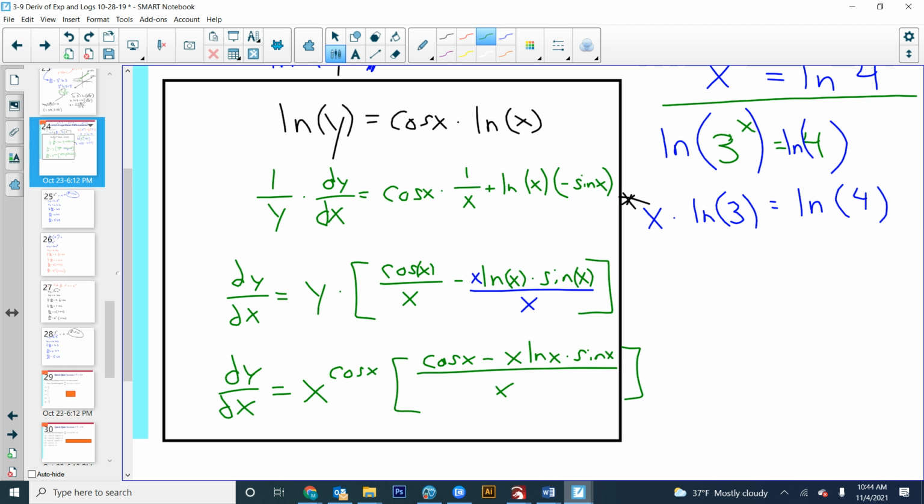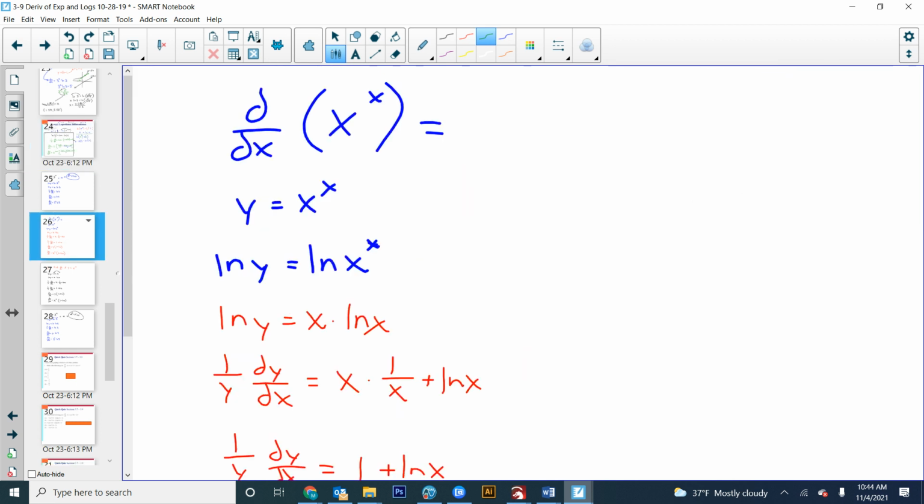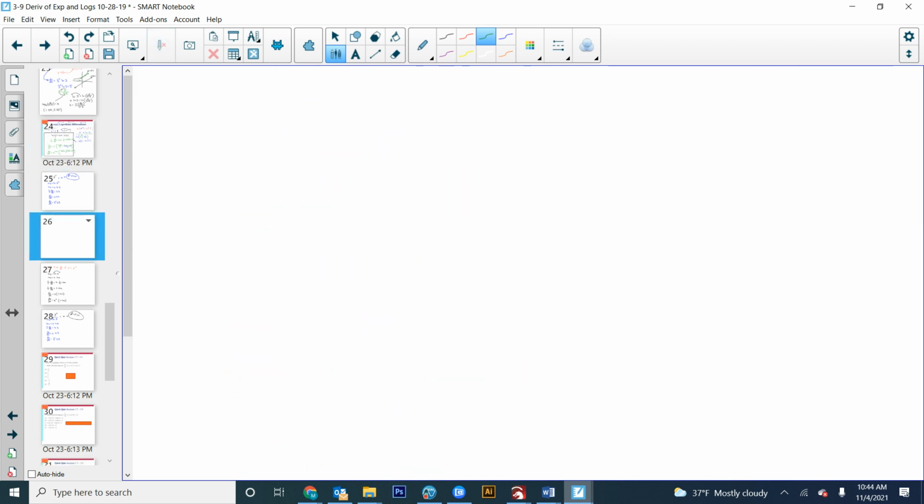All right, let's do x to the x, because I put that up there. y equals x to the x. Step 1.